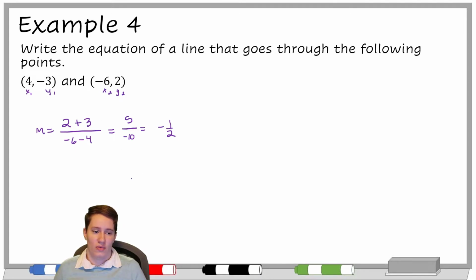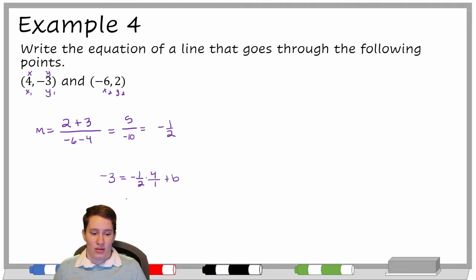I'll do slope-intercept form because I think that's the harder one, even if it's the way that maybe we like more. We just pick one of these points, it doesn't matter which one, to plug in as x and y, so that we get -3 equals -1/2 times x, which is 4, so I'll just make that 4 over 1, plus b.